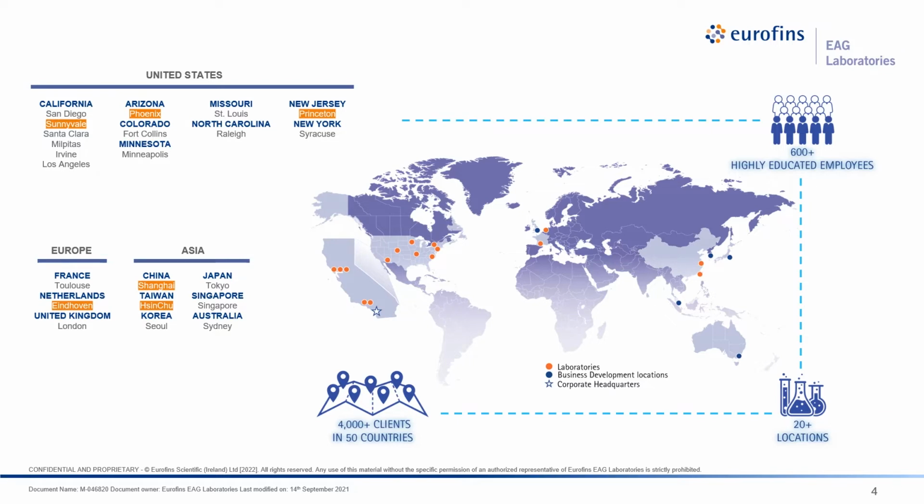We serve 4,000 clients per year who are located in 50 different countries. Our laboratories are at 20 different locations, with SIMS laboratories being in 6 places: one in California, the others in Arizona, New Jersey, Netherlands, Shanghai, and Hsinchu, Taiwan.